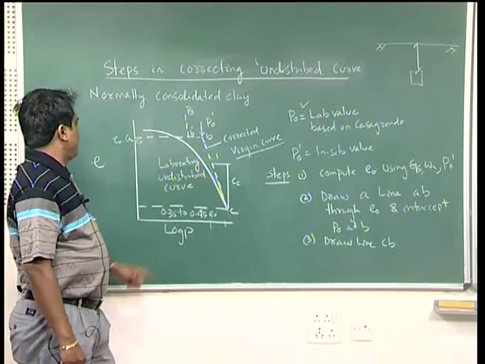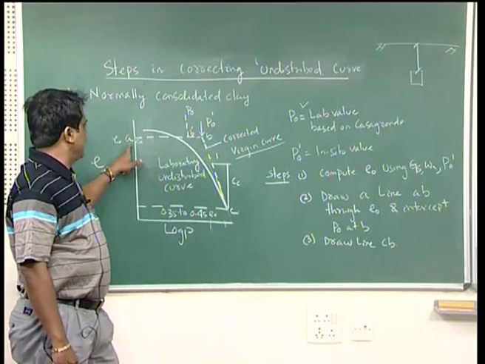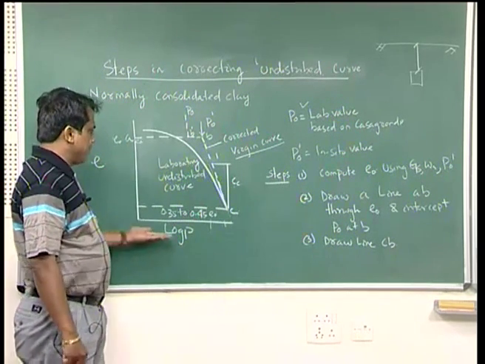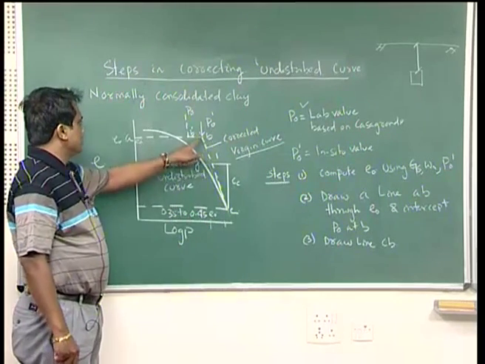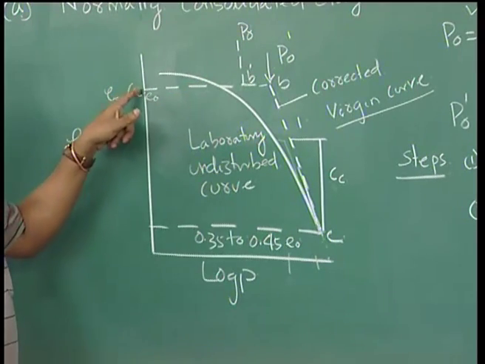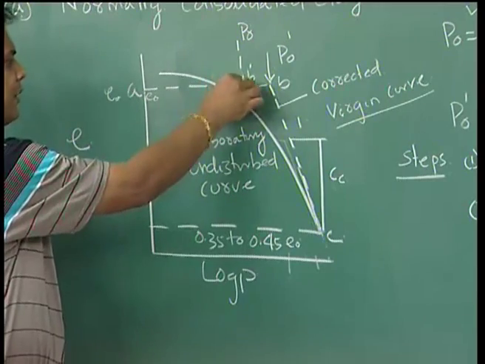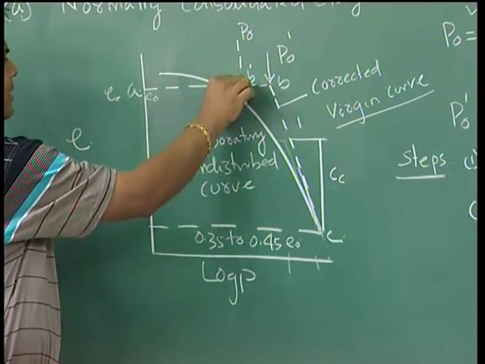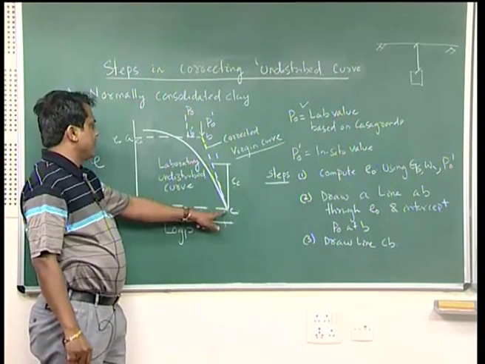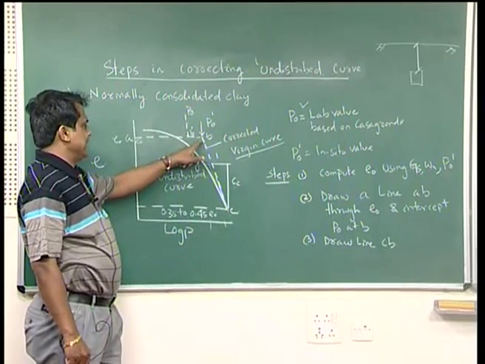Then from point e0 draw a line AB, and you identify where your P0 is in log P, so that point B you can get. You are getting e0 as point A and point B automatically where P0, the pressure in the lab, is. So join AB and extend it, and from point C, the bottom part, draw a tangent and extend it.